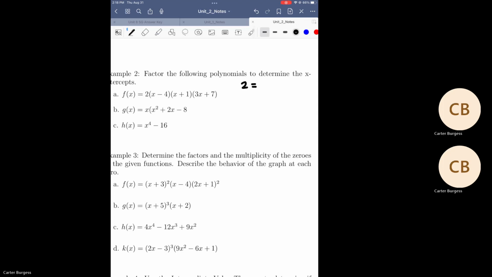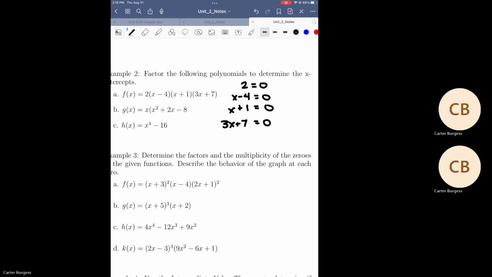We would technically want to set up the equation 2 is equal to 0. We might say that x minus 4 should be equal to 0, that x plus 1 is equal to 0, and that 3x plus 7 is equal to 0. And then we would solve each of them for x.